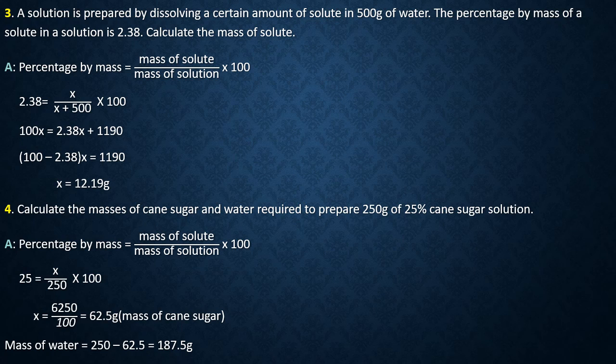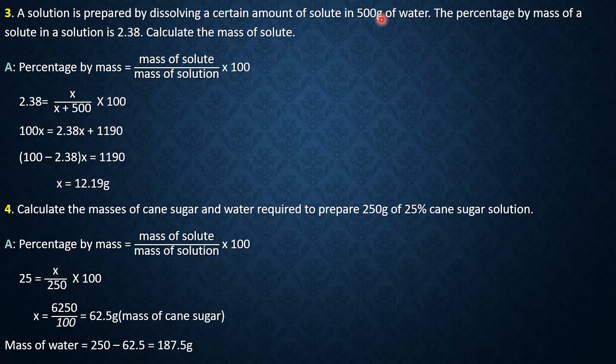The formula is the same. Percentage by mass equals mass of solute by mass of solution into 100. The percentage is given as 2.38. We don't know the mass of solute, so we'll take it as x. So x by x plus 500. What is the 500? 500 is the mass of solvent.